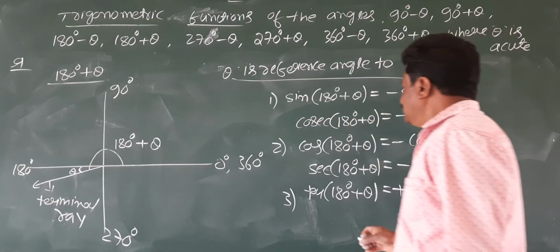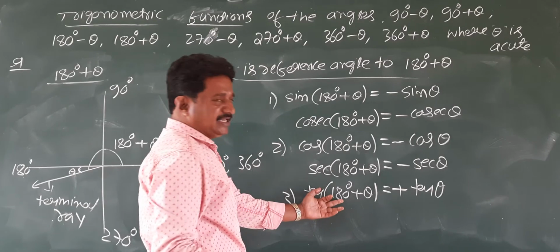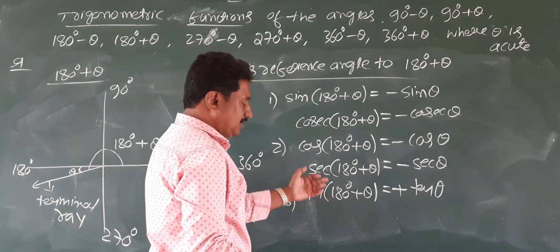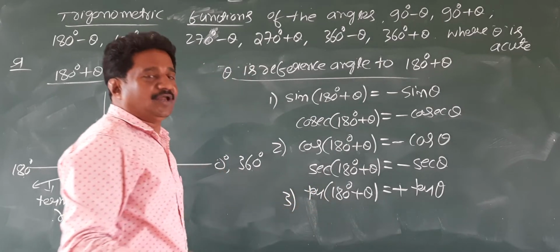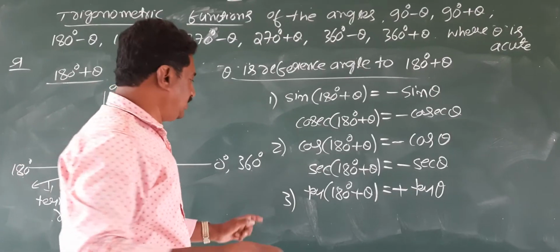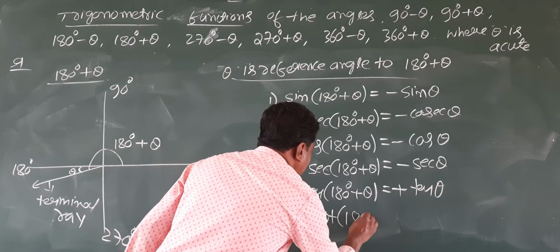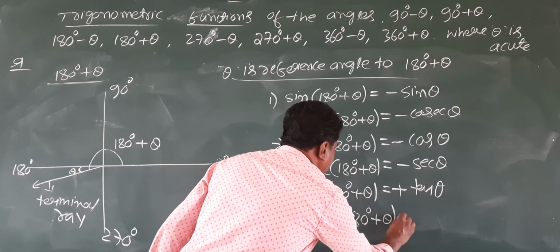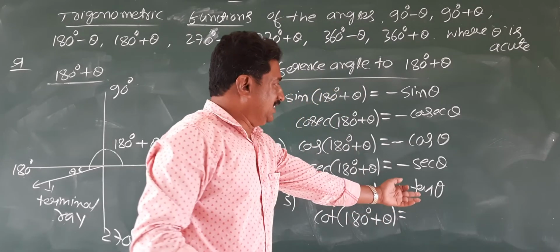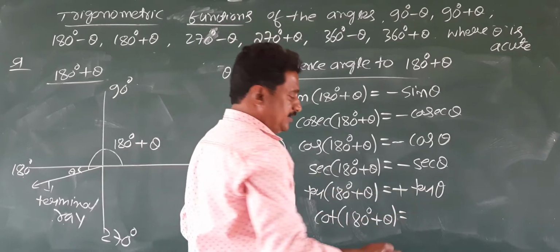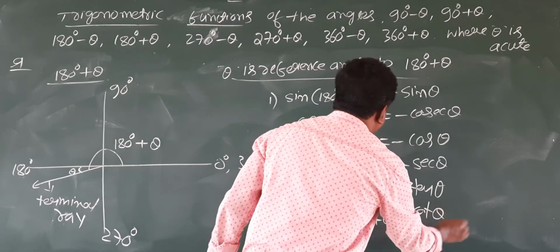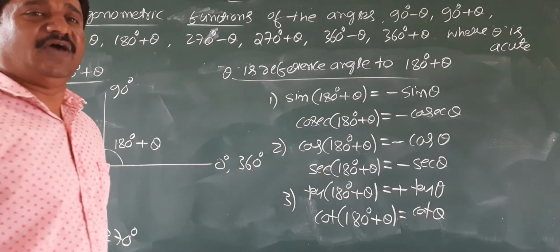Now the reciprocal. What is the reciprocal of tan? Cot. 1 by tan is cot. So cot 180 degree plus theta is cot theta. I hope you understood this also well, students.